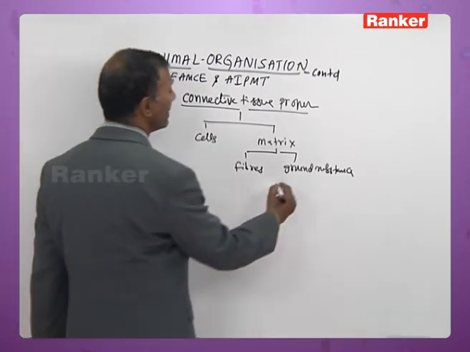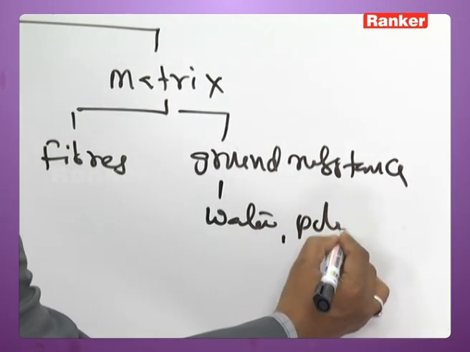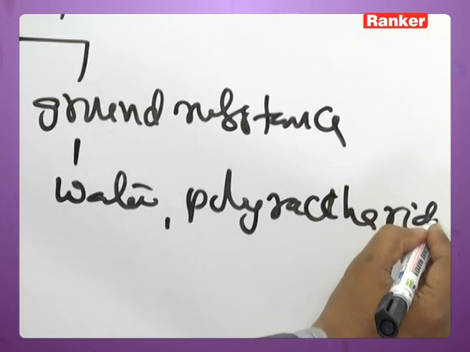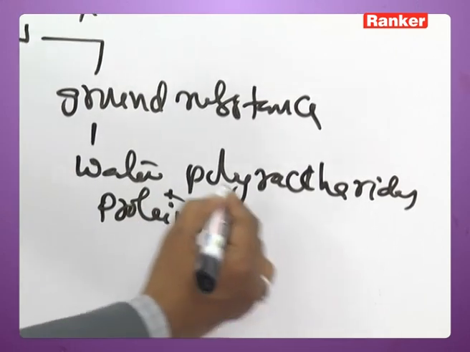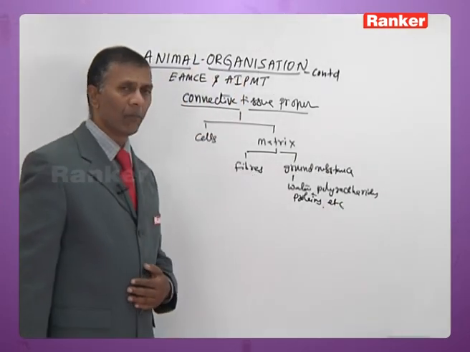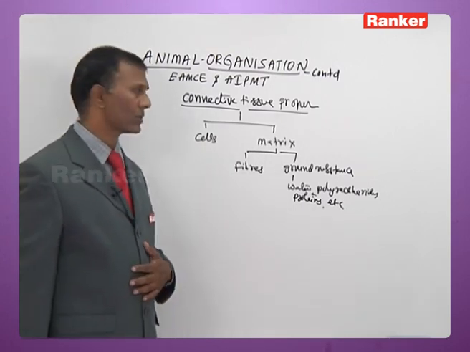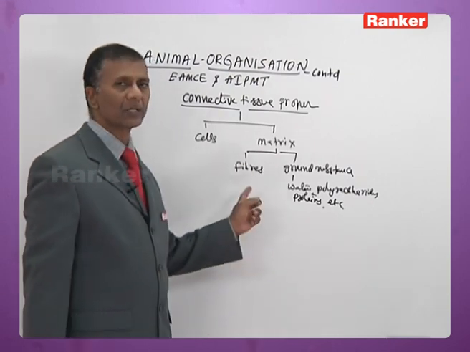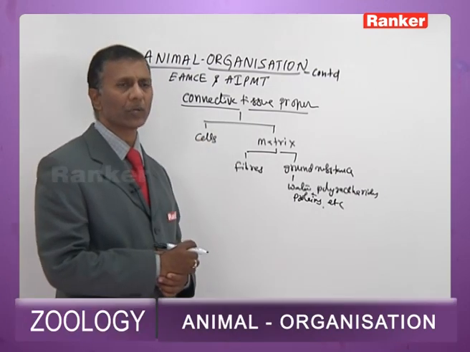The ground substance is made up of water, polysaccharides, proteins, etc. Inorganic and organic compounds are there under ground substance. Fibers and ground substance put together form matrix. Cells and matrix constitute connective tissue here now.